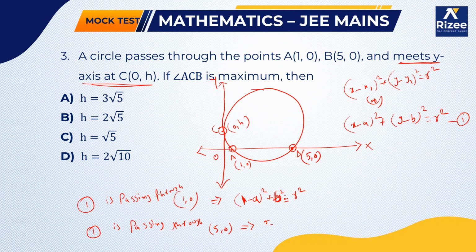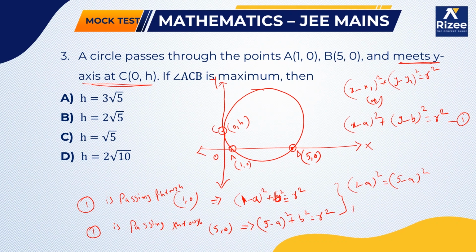Here, (5 minus a) whole square plus b square is equal to r square. From these two equations we can equate: (1 minus a) whole square is equal to (5 minus a) whole square. Both sides, b square gets cancelled.